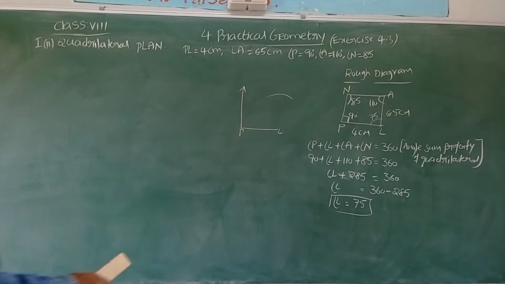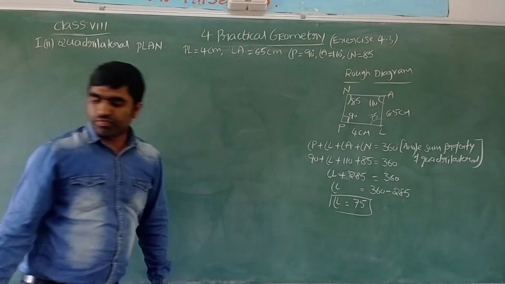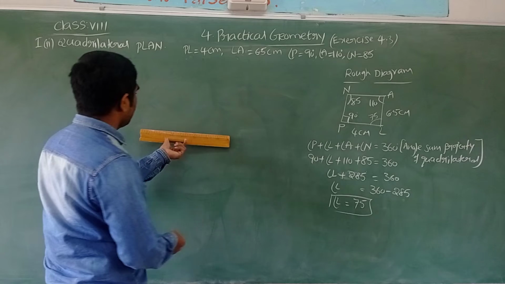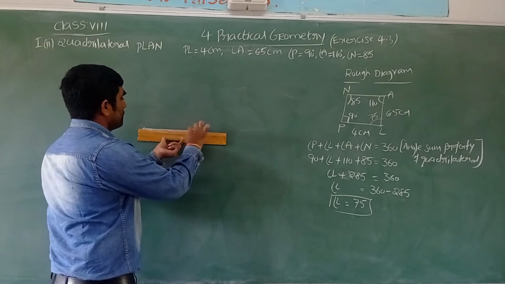First, we need to draw one line segment of length 4 centimeters. By using a ruler, you can draw a line segment whose length is 4 centimeters.